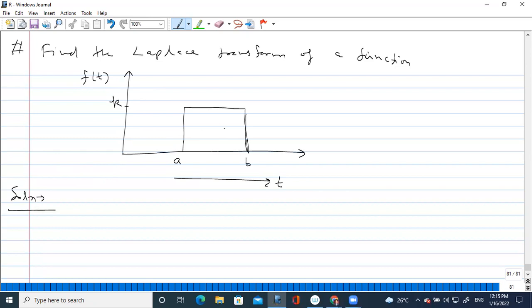So only this much is given. You have to find out the Laplace transform of this.